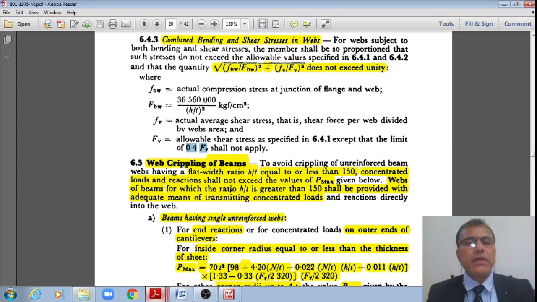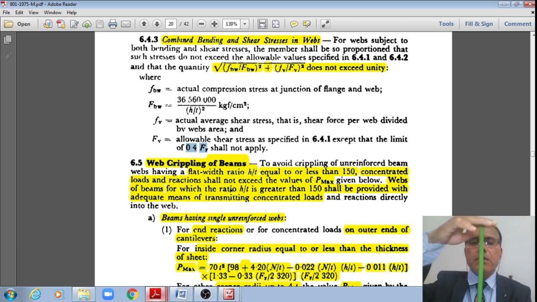Right. Next one is web crippling of the beams. You know what is web crippling, student? Once a heavy load is thrown onto the flange, then obviously at the intersection of the flange with the web, a kink is formed like this. This is what is called web crippling.